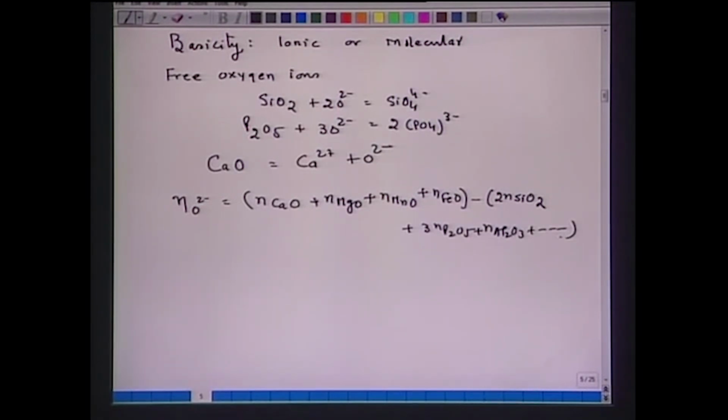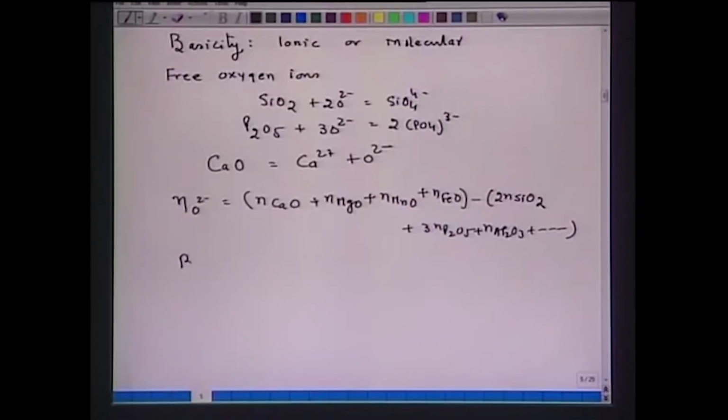So, any oxygen ions available after satisfying the requirements of all acidic oxides will be free, and we can consider the free oxygen ions as the index of basicity of the slag. But from the shop floor point of view, it is very difficult to determine the free oxygen ions.